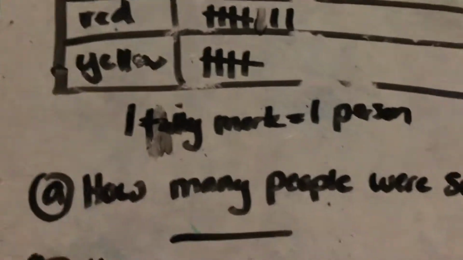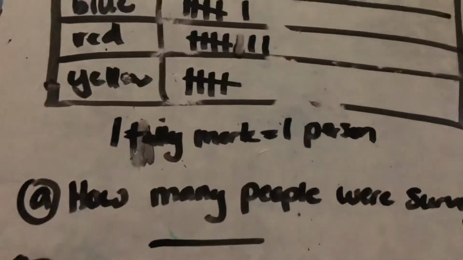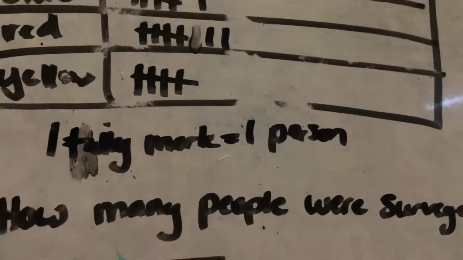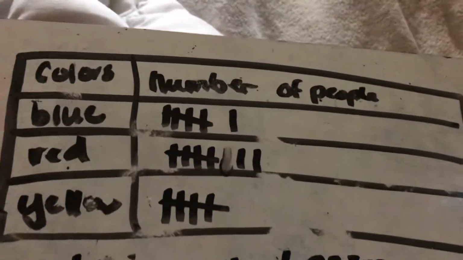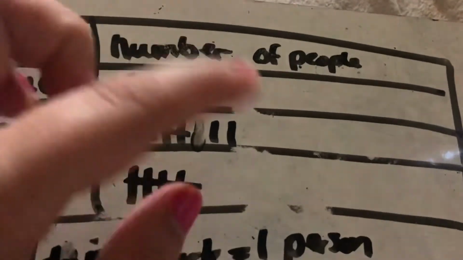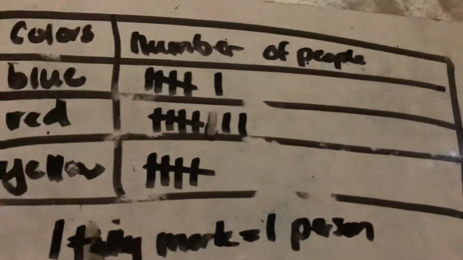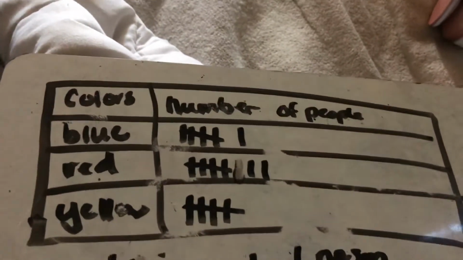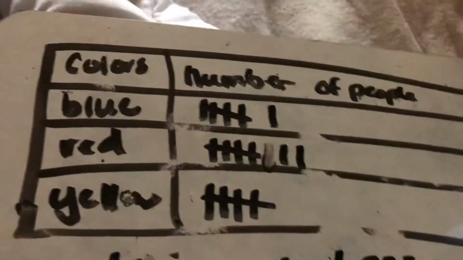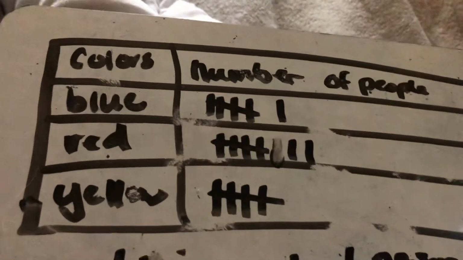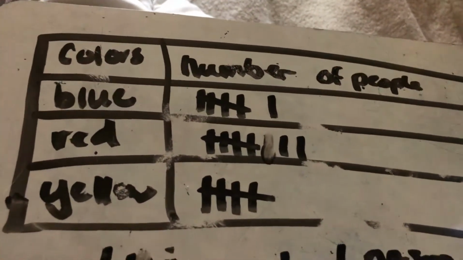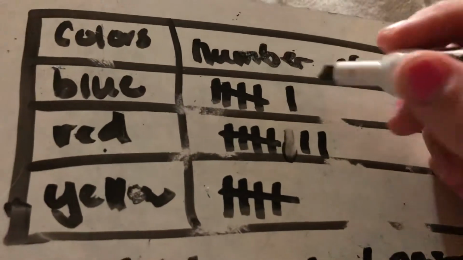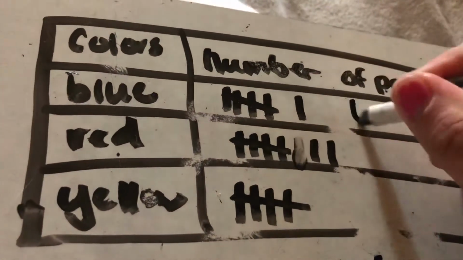All right, so our first question, A, is how many people were surveyed? Surveyed means how many were asked this question. So if you look up here, you're going to count and add the number of people I asked all together. So we know this is 5, 6.